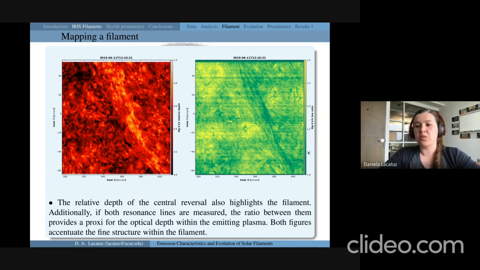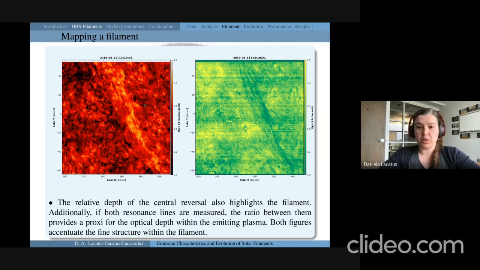So it's almost 1.1, almost 1. So within the filament, we can use these different observations to identify the strands based on both how optically thick the different strands are, or how the central reversal is highlighting the different flow structures.